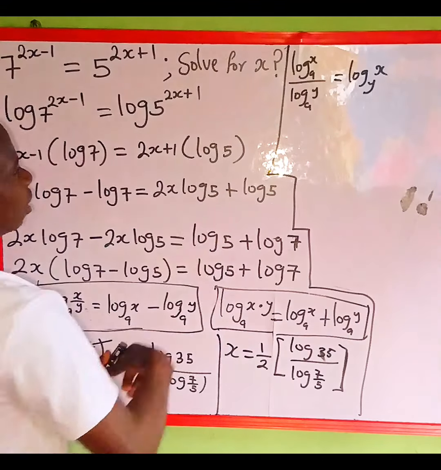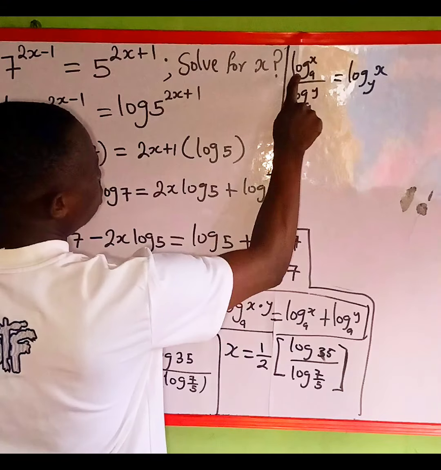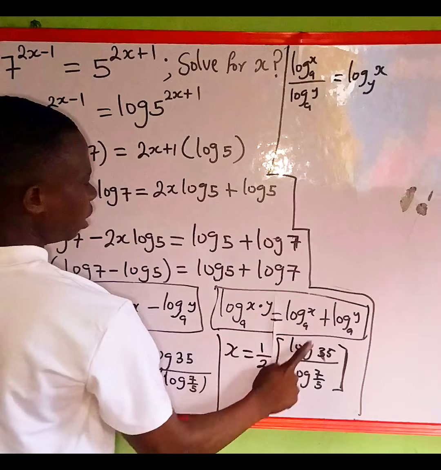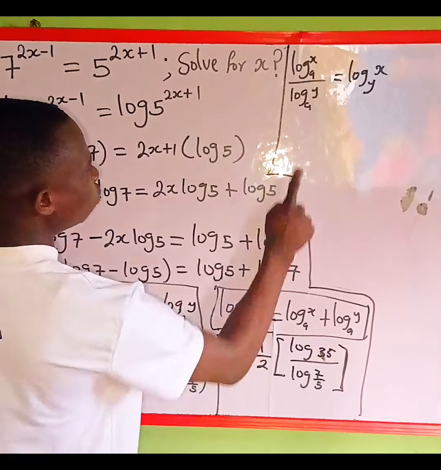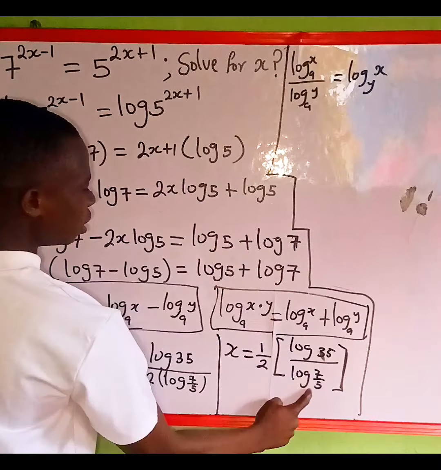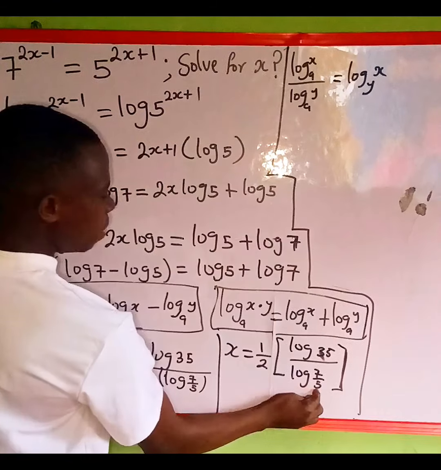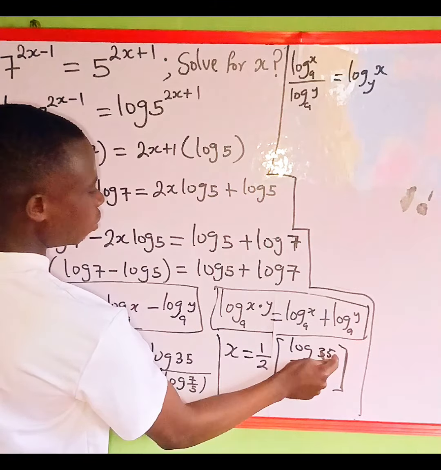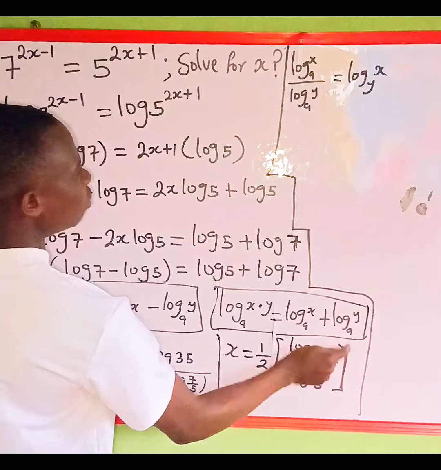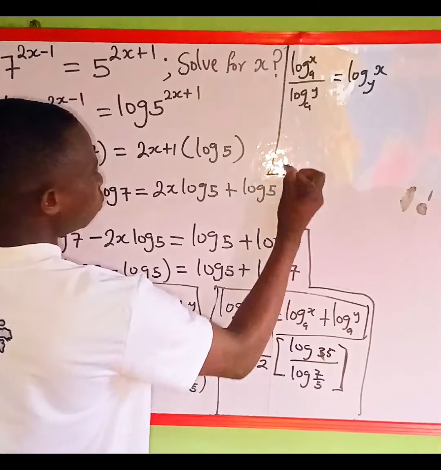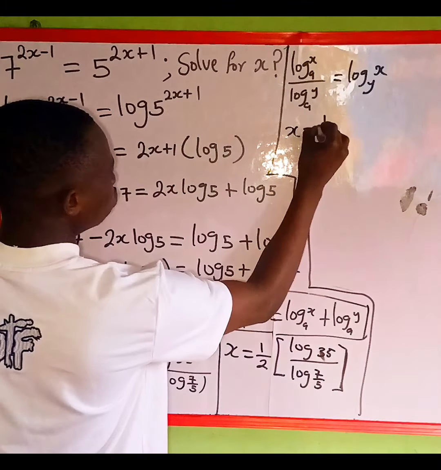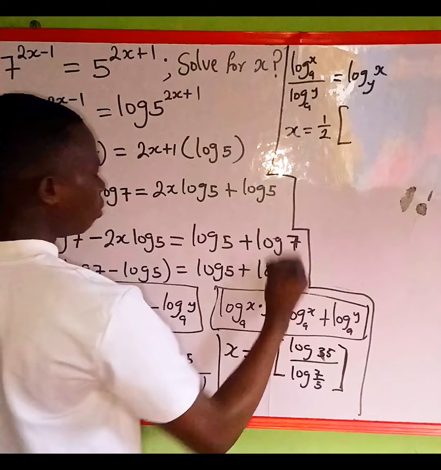And remember, from this, log x implies log 35 to base 10, and log y is log 7 over 5 to base 10. So we'll do what? We make this to be our new base, then we make 35 to be our new term, like the way we did here. So this is going to be what? X now is equal to 1 over 2 into the bracket.